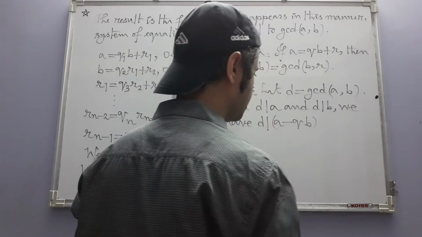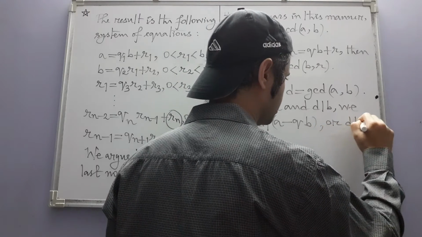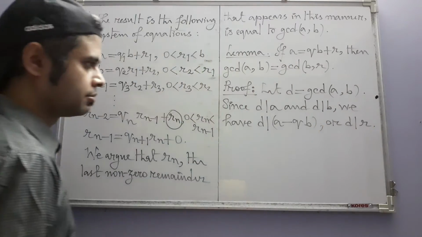So D divides A minus QB, or the same thing, D divides R.